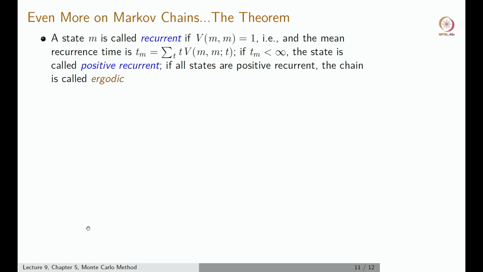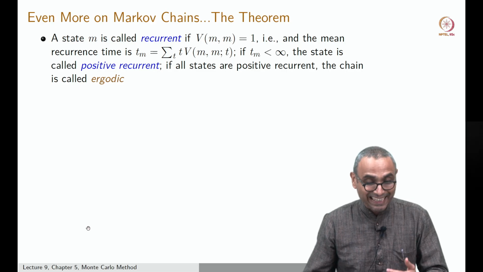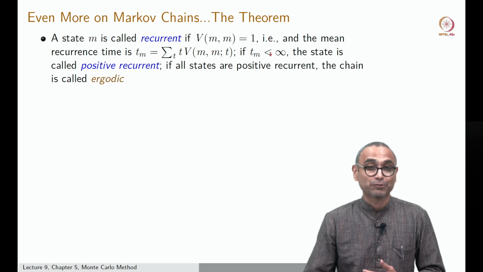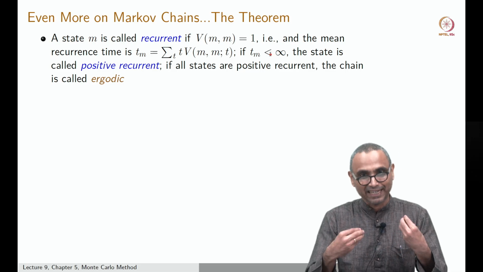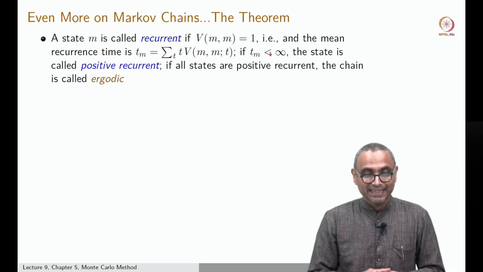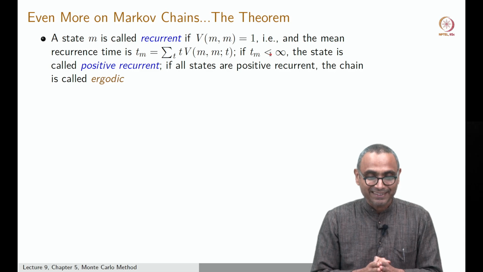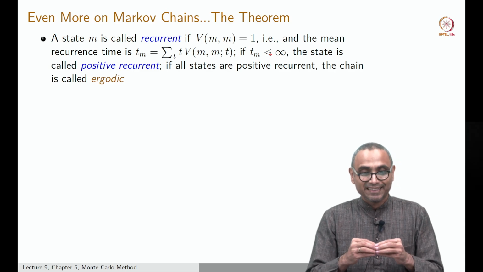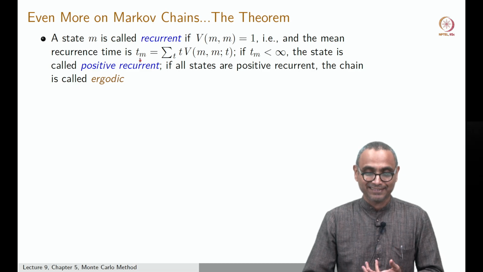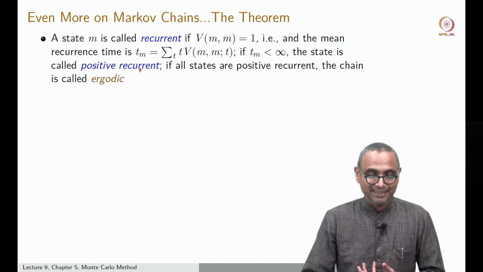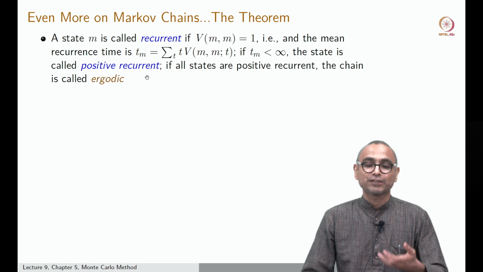All right. A state is called recurrent if V_mm is 1. That means that it comes back to itself. That is, the particle can come back to itself. It is called positive recurrent if the average time it takes to come back is finite. And this is what we call positive recurrent.